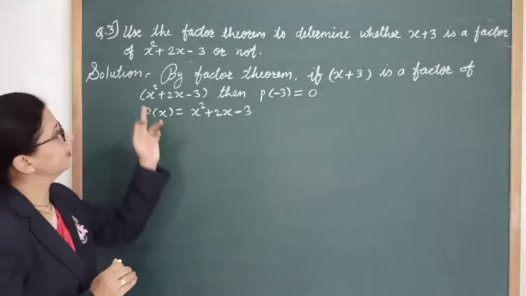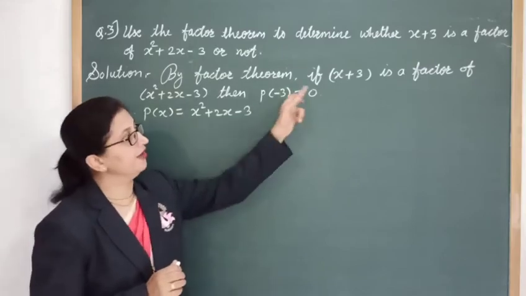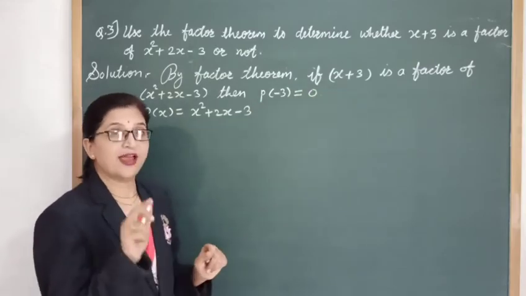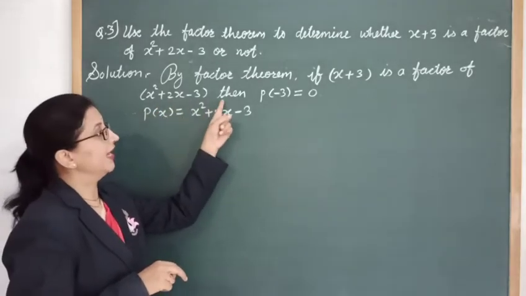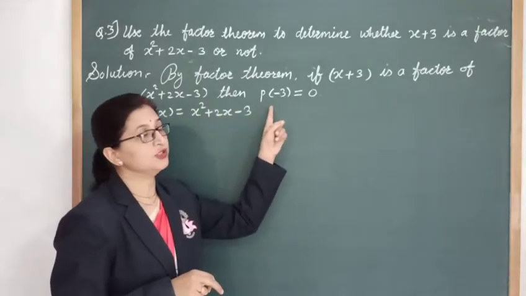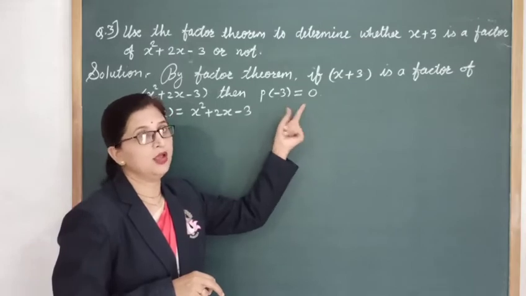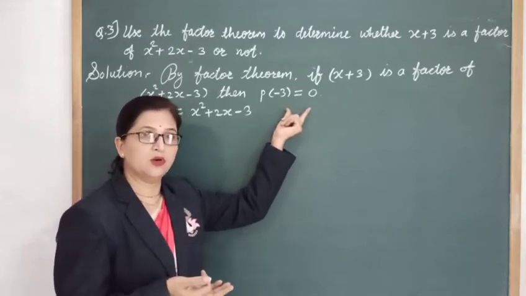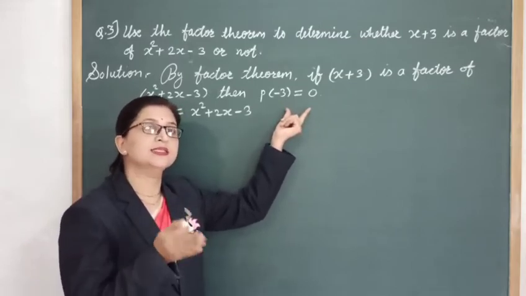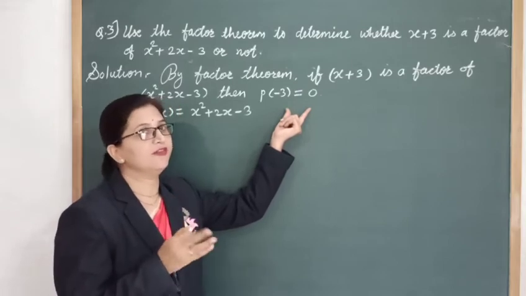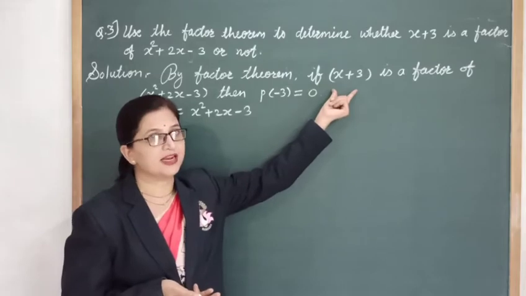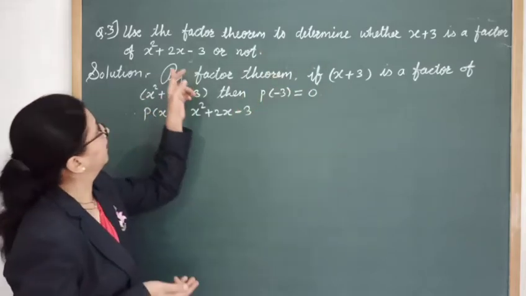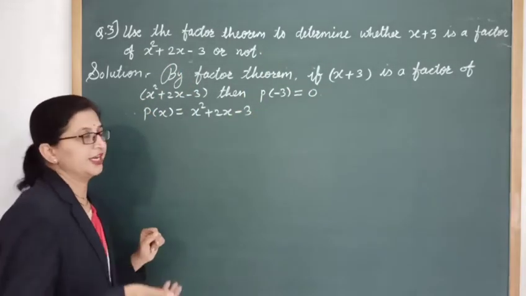So here also by the factor theorem, if x plus 3 is a factor of x square plus 2x minus 3, then the value of polynomial should be 0. Right? Value of the polynomial is 0, it means remainder is 0. Okay, and if remainder is 0, it means this x plus 3 is the factor of the given polynomial. Okay, so let's check that.